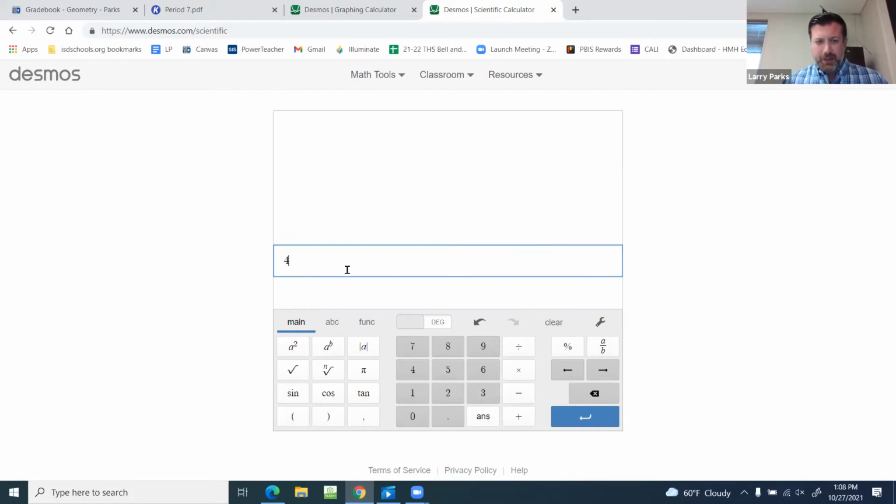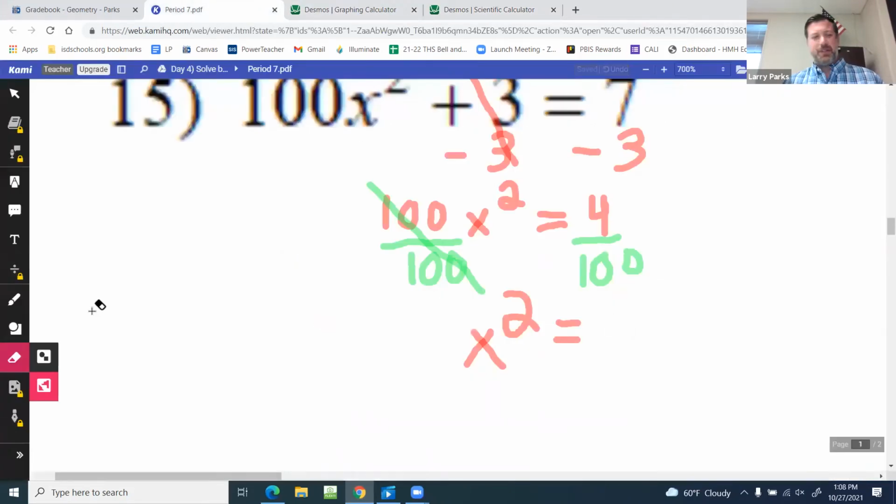I know most calculators do. 4, 100. Oh, there it is. You hit this button, it simplifies for you: 1 over 25. You should be able to do that in your head, but just in case, I get 1 over 25.